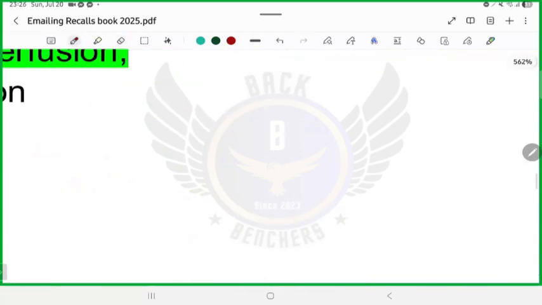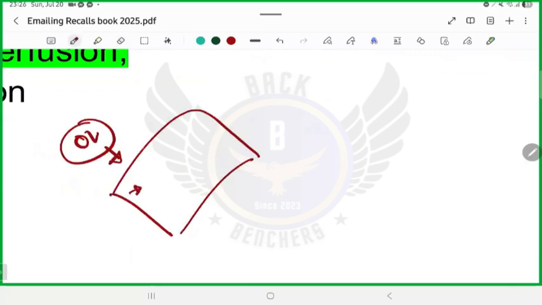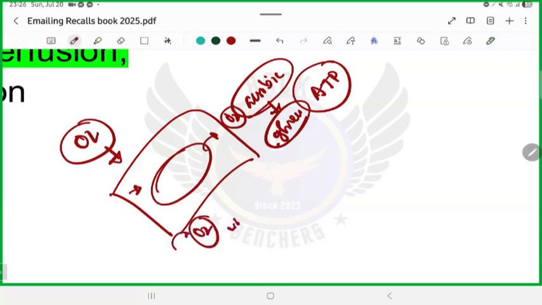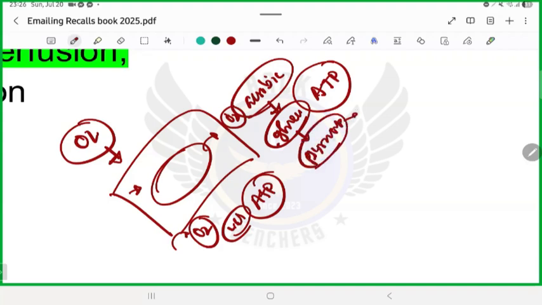When there is less O2 in our tissues, our mitochondria need oxygen for aerobic respiration. In aerobic respiration, we get ATP. Now we don't have oxygen, but we still need ATP. How do we get ATP? We metabolize glucose, we get pyruvate. Pyruvate goes into the Krebs cycle and we get ATP.